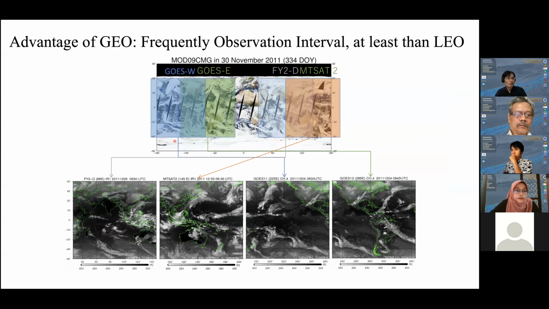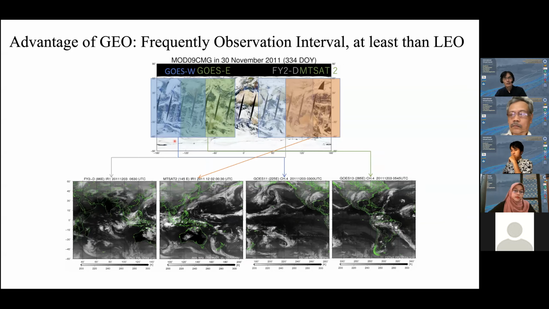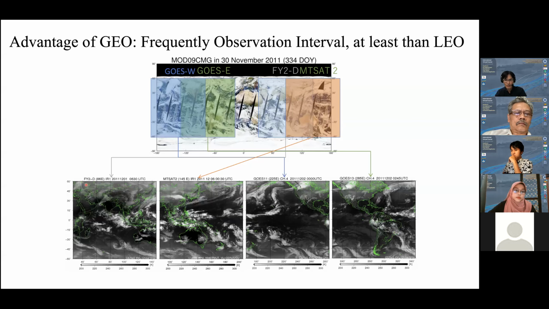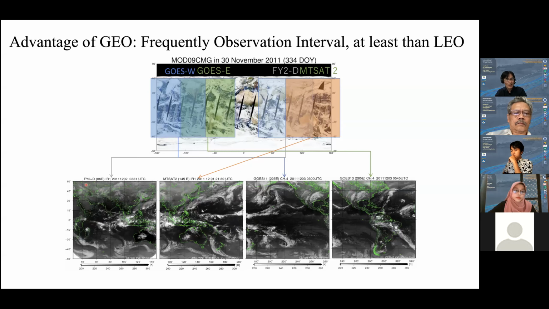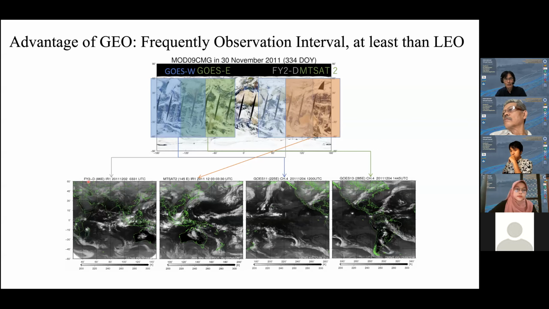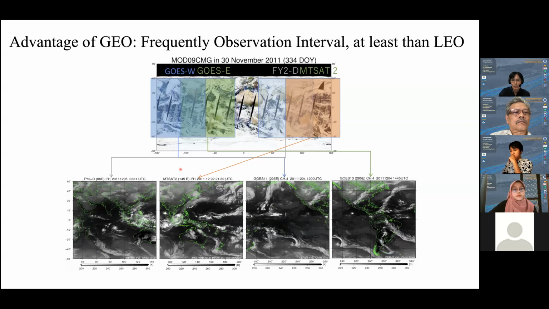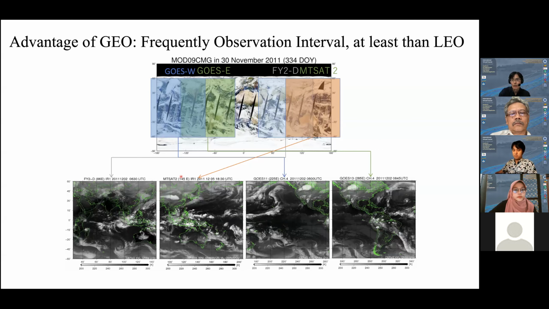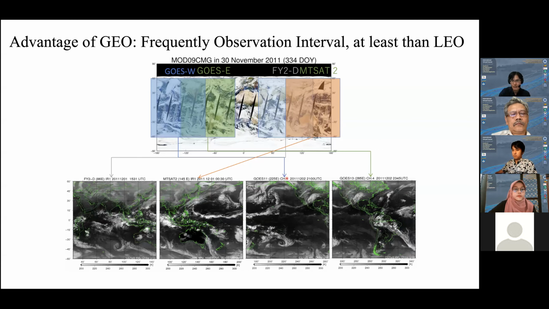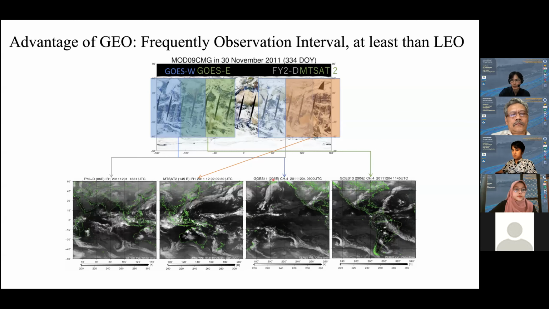Here is the FY2D, the Chinese geostationary meteorological satellite, the previous version. And MTSAT-2 is the geostationary meteorological satellite operated by the Japan Meteorological Agency. And the GOES series is operated by the United States, GOES West and GOES East.